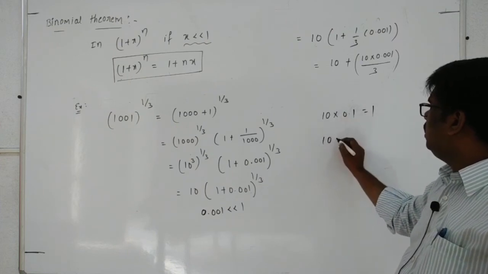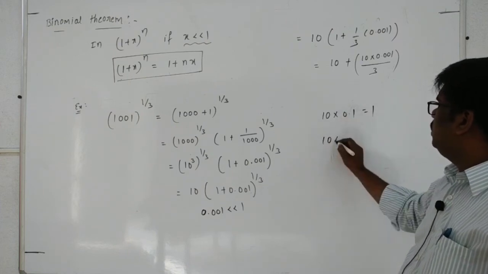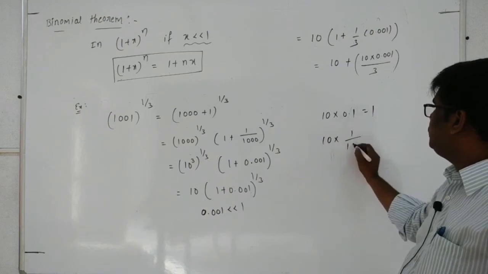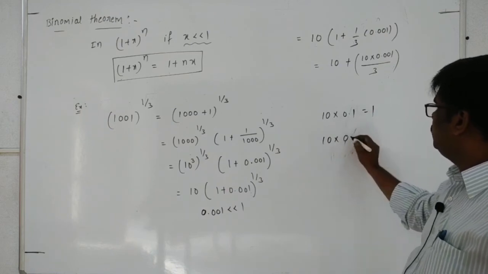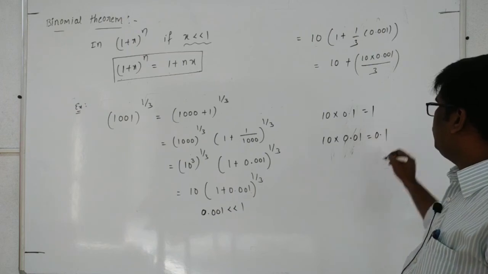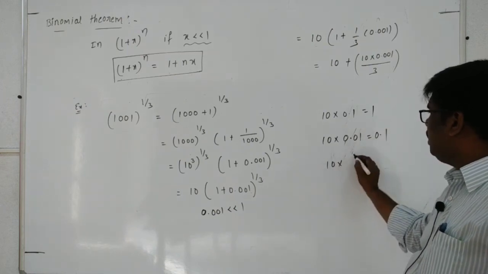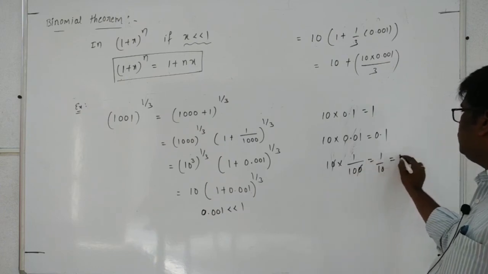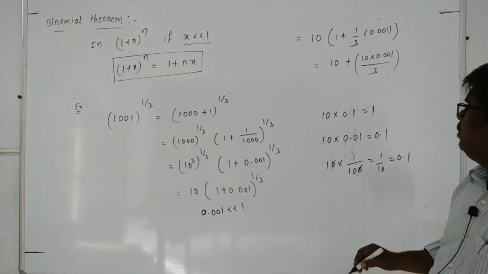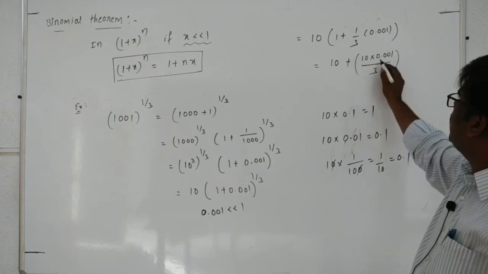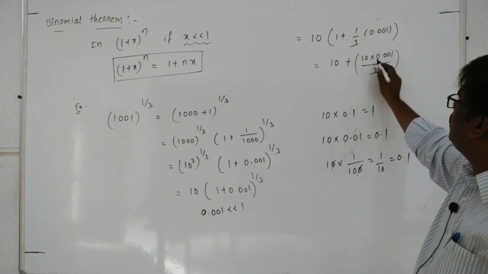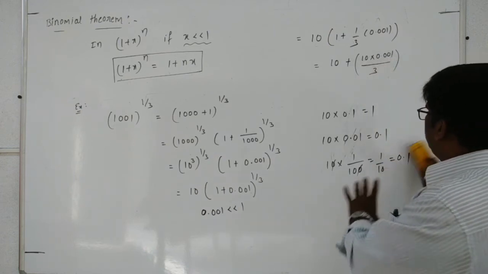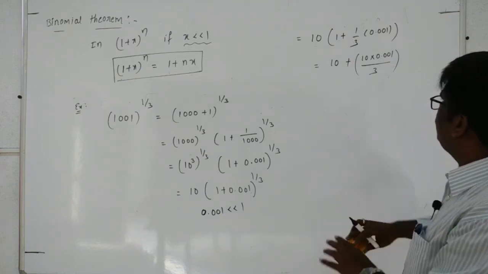Here 10 into 0.01, 0.01 means 1 by 100. One zero cancelled, still 1 by 10 is there, that is 0.1. So like that, if you multiply with 10, 0.001 becomes 0.01.